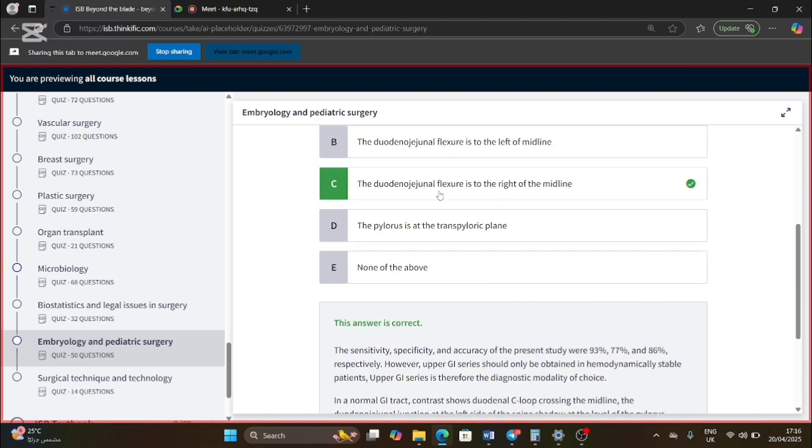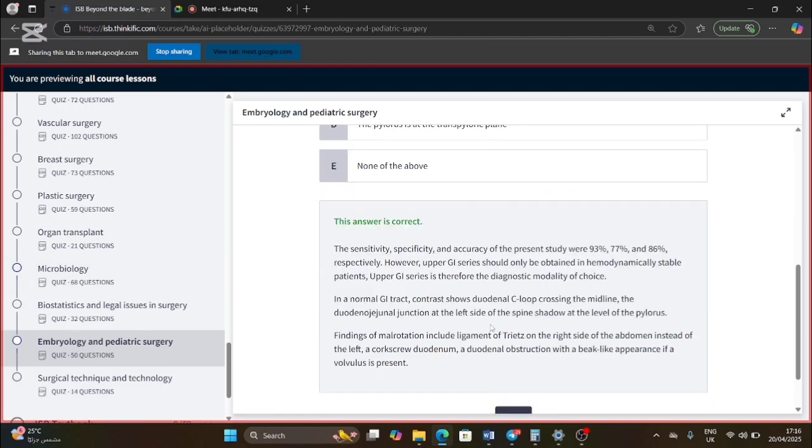Normally the DJ flexure is to the left, at the transpyloric plane, or very close to it. But when it is midline or to the right, that's not normal, and it means there are other findings. The thing I want you to know from this explanation is that upper GI series is the most sensitive test.